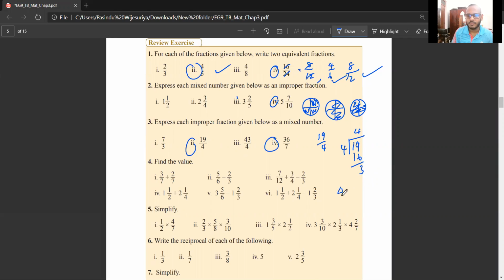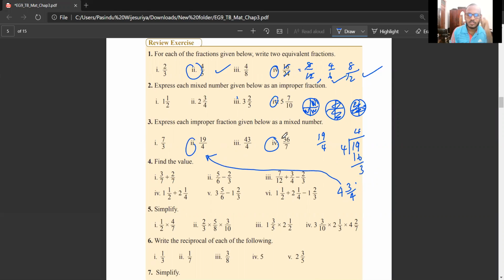So it's 4 and 3 over 4, where from the 4 there's a 3 remainder. So this is the answer for this question.